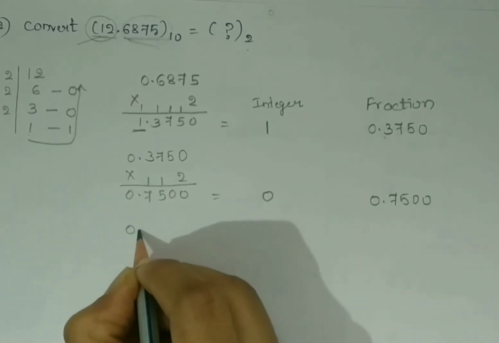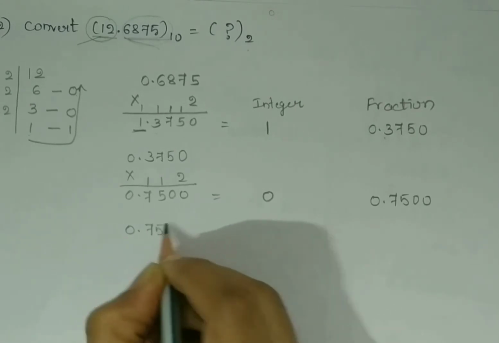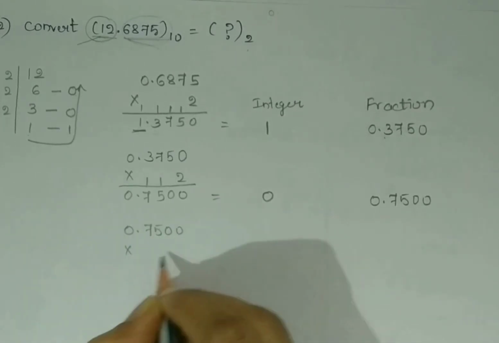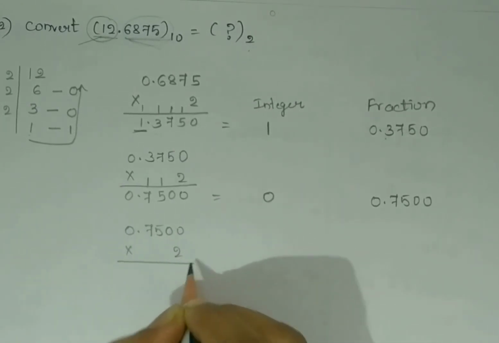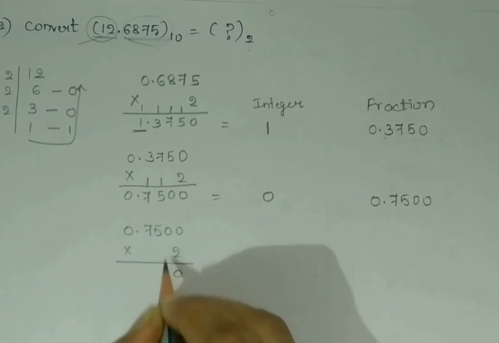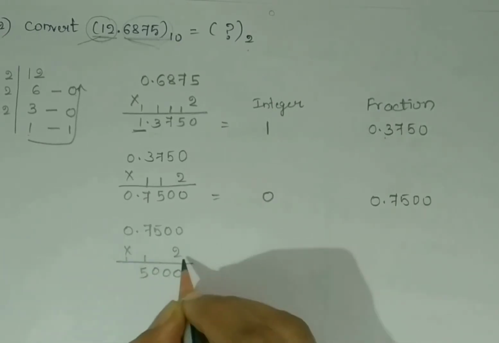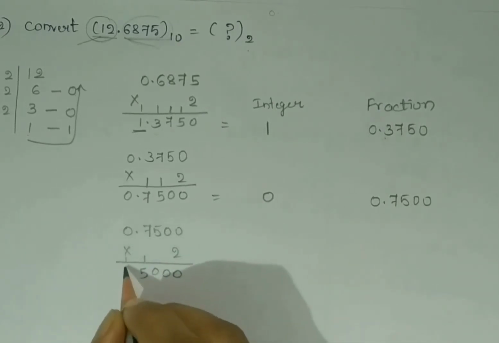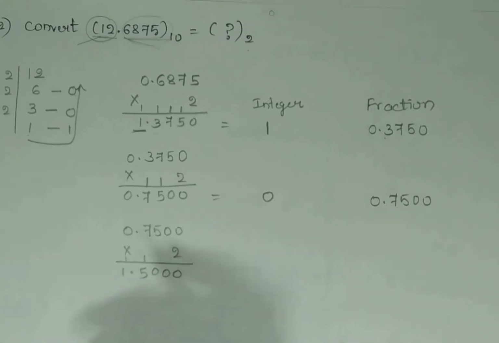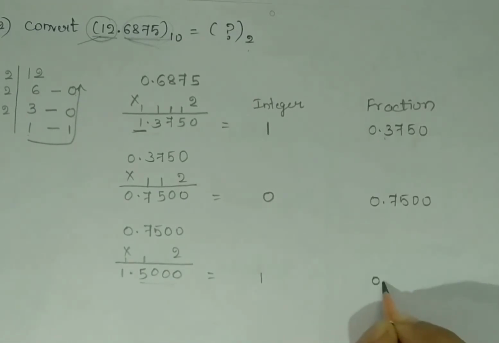So take 0.7500 multiply by 2. 2 zeros are 0. 2 zeros are 0. 2 5s are 10. 2 7s are 14 plus 1 is 15. 1 is carry and 2 zeros are 0 and 1 as it is, and a point. So here you got the integer 1 and the fractional value is 0.5000.